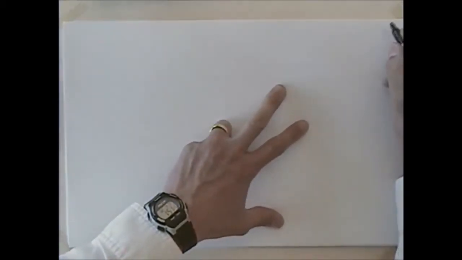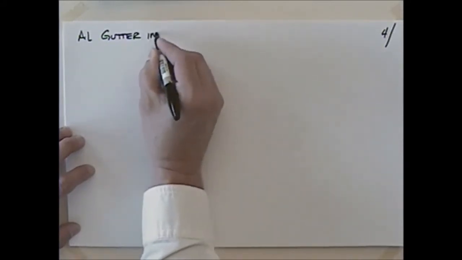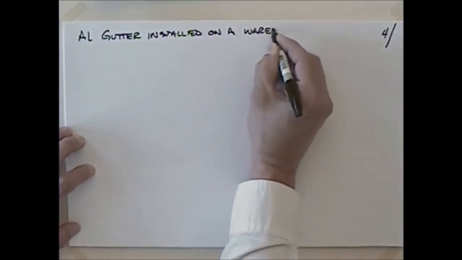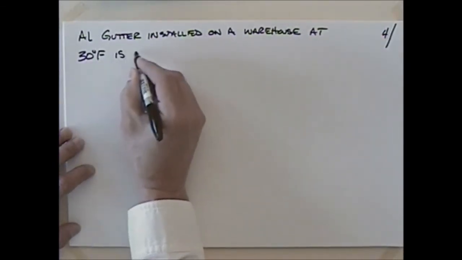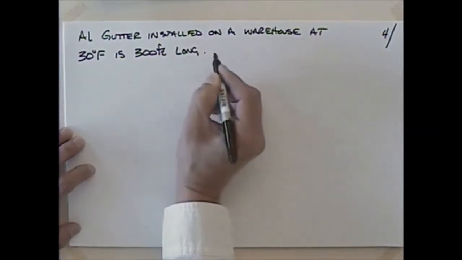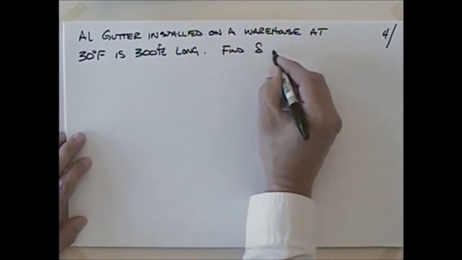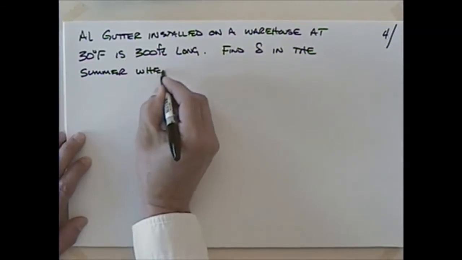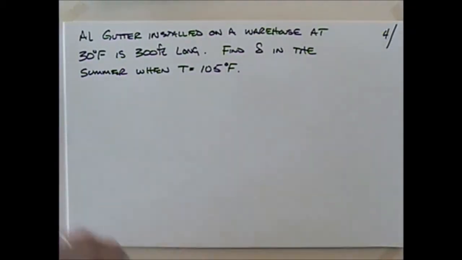Let's say we've got a warehouse and we've got a gutter on the side of the warehouse, so we call some people out to install one. So we put up an aluminum gutter.